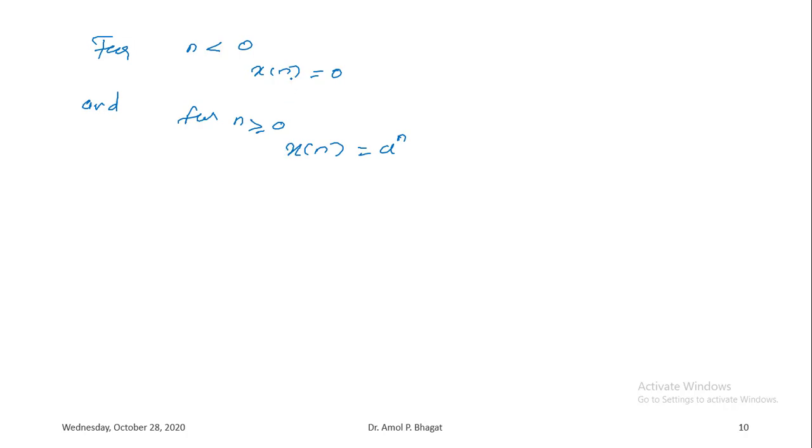If you want to club these conditions, you can simply write that the inverse z transform of x of z is x of n equals a to the power n.